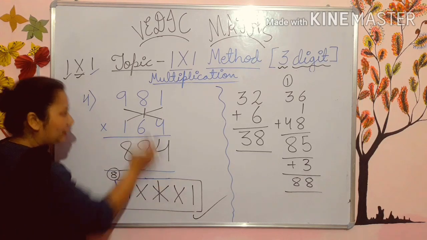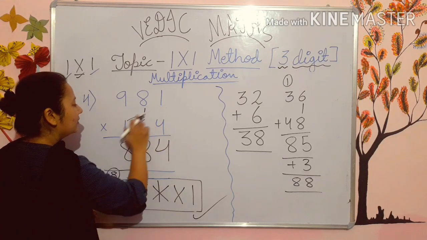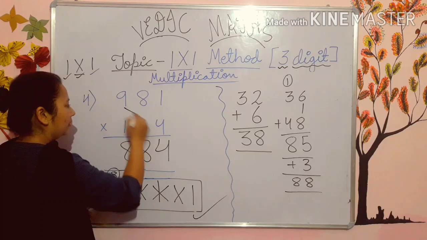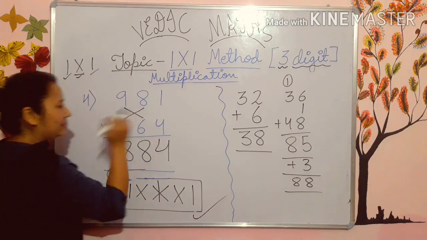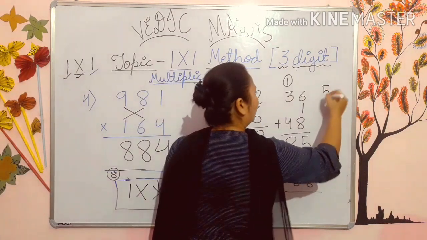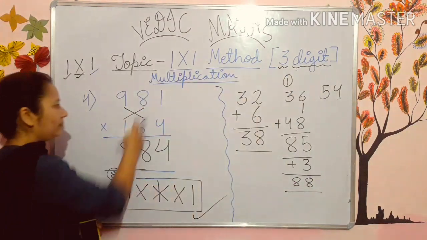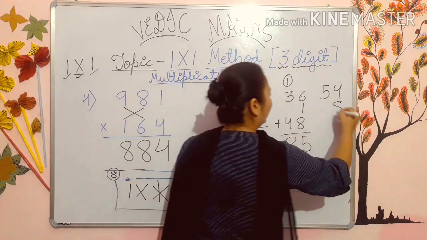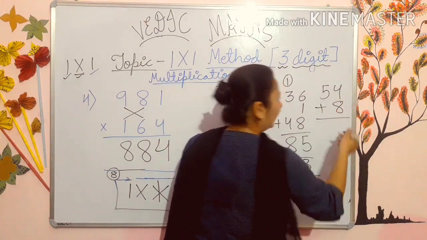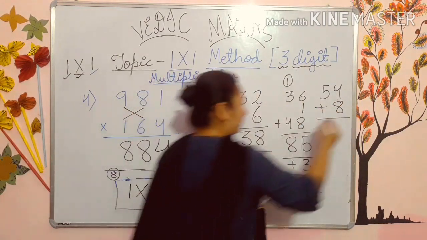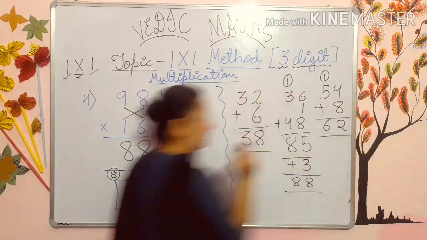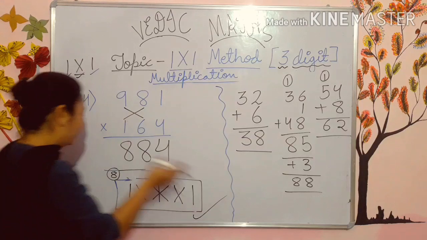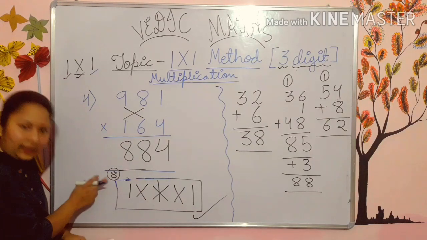Now after this triple cross, what is it here? Simple cross. Now multiply 9 6s are 54. 8 ones are 8. Add them. 8 plus 4, 12. 2 here. 1 will go carry. 5 plus 1, 6. It is 62. Now 62 and 1 carry is also there, 8.